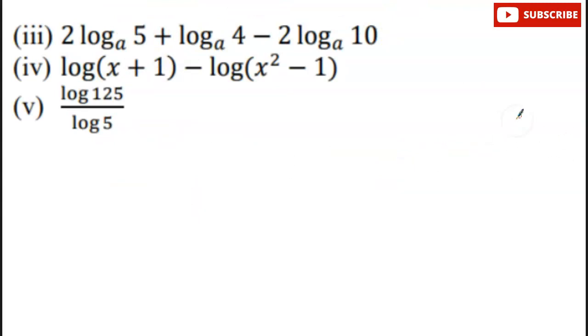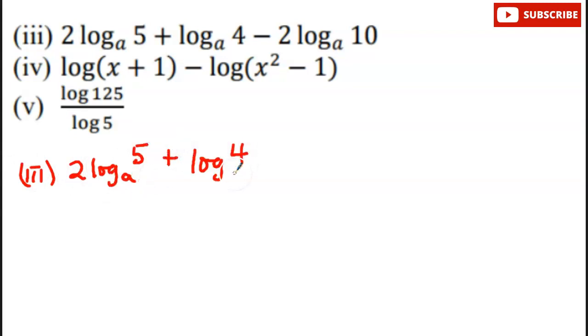The other 3 examples are here. I want you to pause. So number 3, we have 2 log 5 to the base a plus log 4 to the base a minus 2 log 10 to the base a.